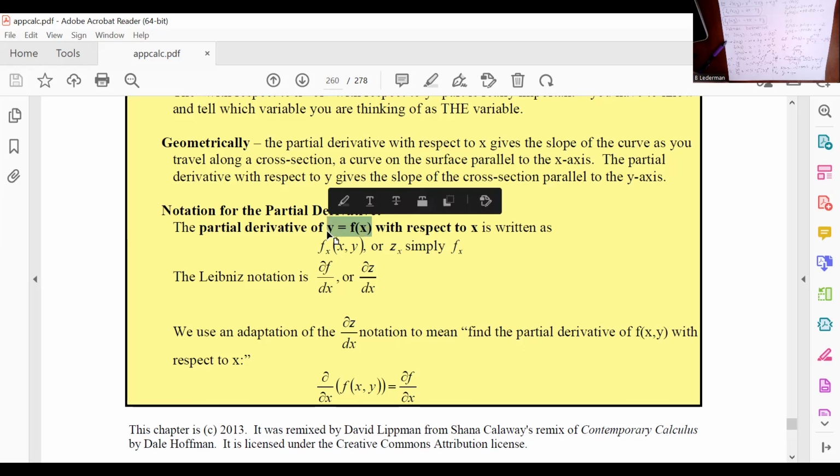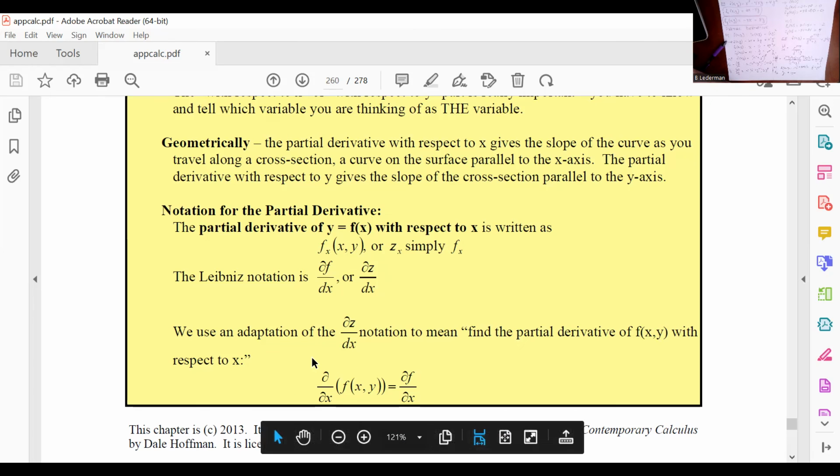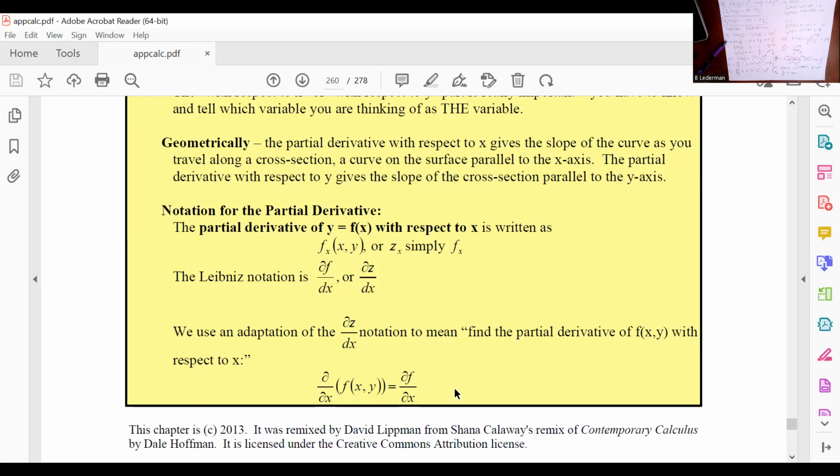That should be z equals f of x comma y. But either way, the other way to write it is del f del x, or del z del x. And so del x of f of x, y is del f del x. These are all just different notations for saying the same thing. I wanted you to see all of them.